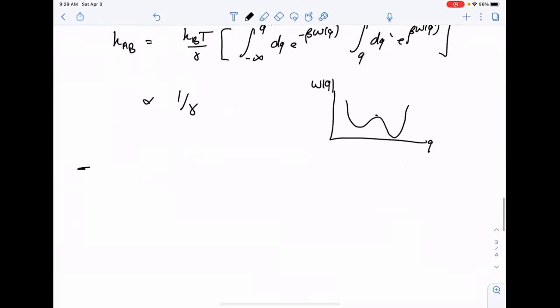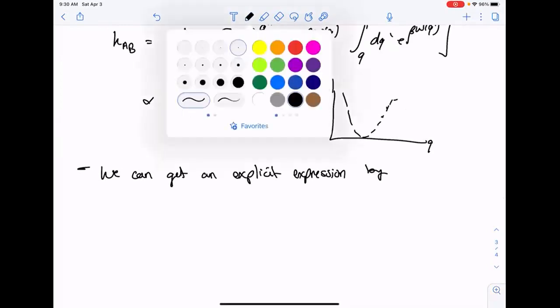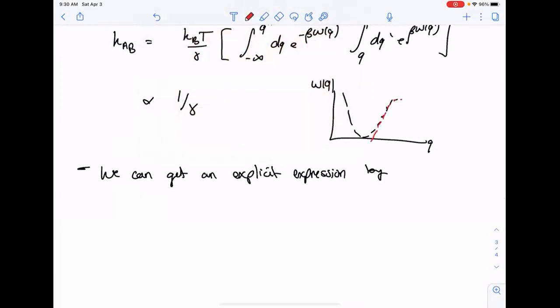We can get an explicit equation by using the same sort of approximation we did at the end of last lecture. We can assume that the basin A and its barrier are local harmonic functions.